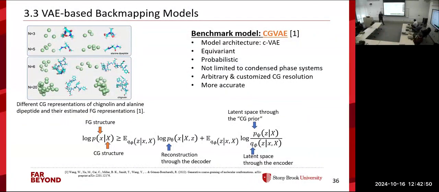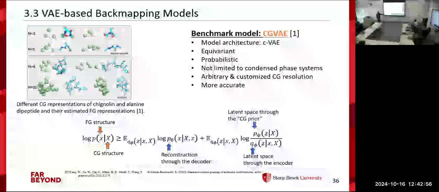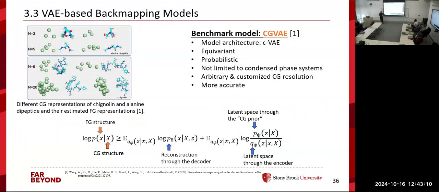So it doesn't start from a specific resolution. You can say, I have a molecule, and we make a CG representation with 6 beads or 20 beads, or another molecule, 5 beads, 3 beads, and learn how to backmap it. It will learn how to do it at various scales, various bead numbers. So it's very general. That's why we're using it as a benchmark model, because we do want something general.